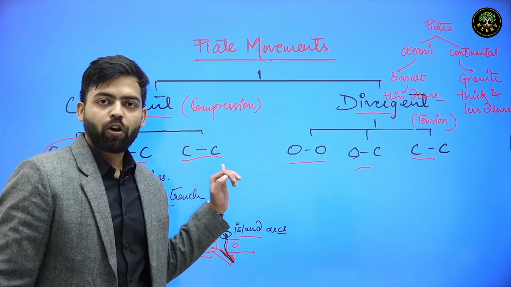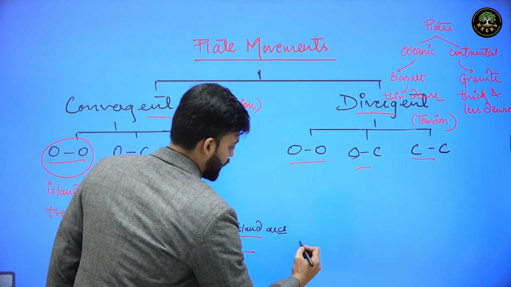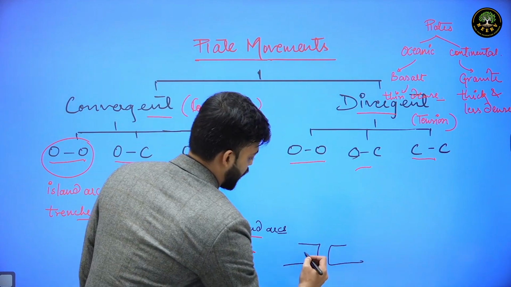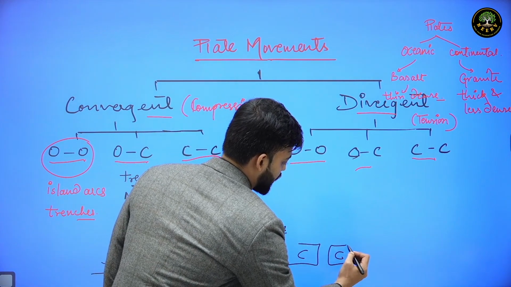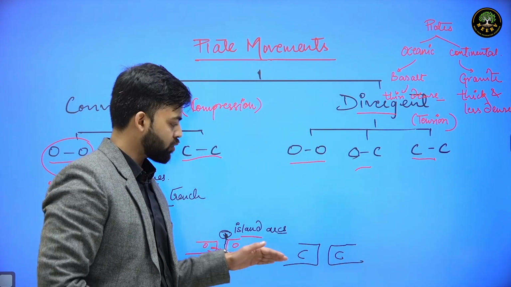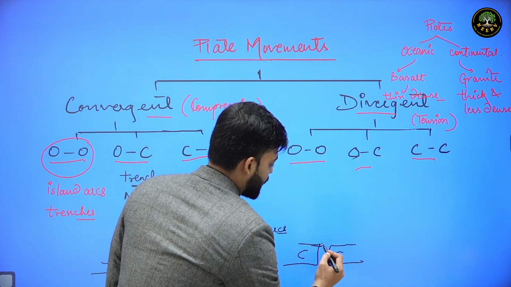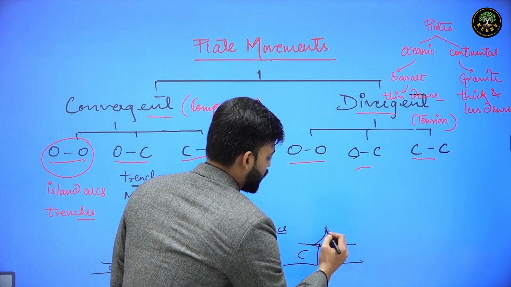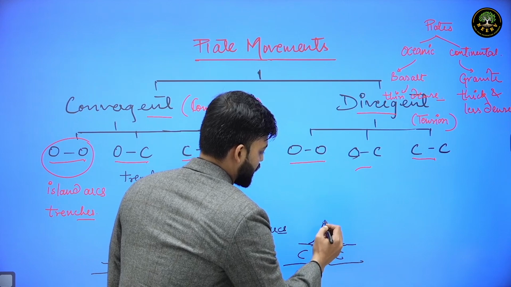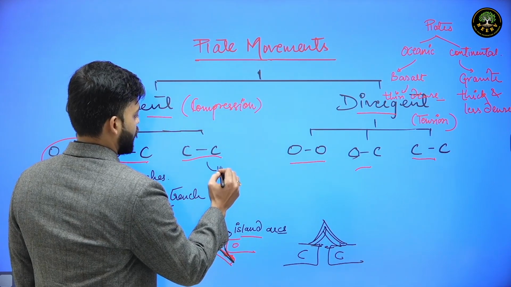Now because of continental convergence, folding happens. Fold mountains are formed because both continental plates are of less density and there is no scope of going downwards. So when they collide, they move upwards, creating fold mountains. Himalaya is a fold mountain.